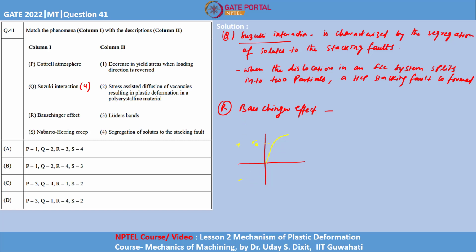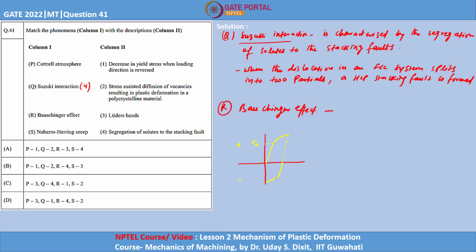So if you are deforming your material in one direction, and after that loading you bring the applied stress to 0, and then reload it in the reverse direction, then what will happen?